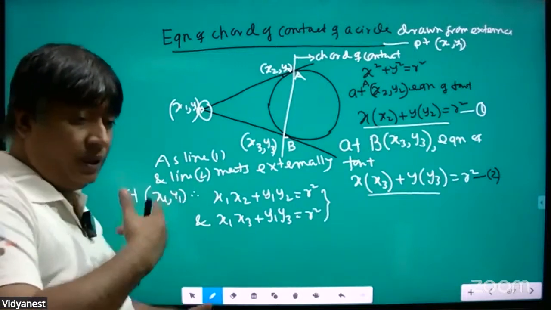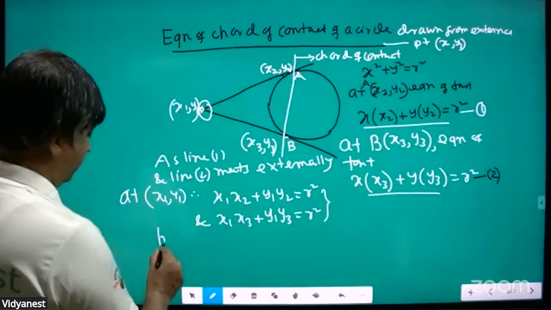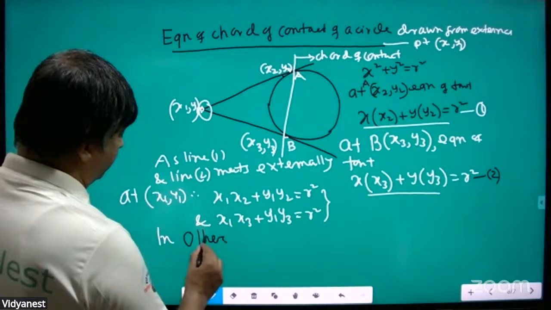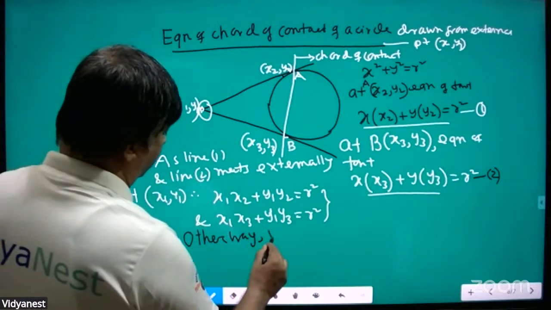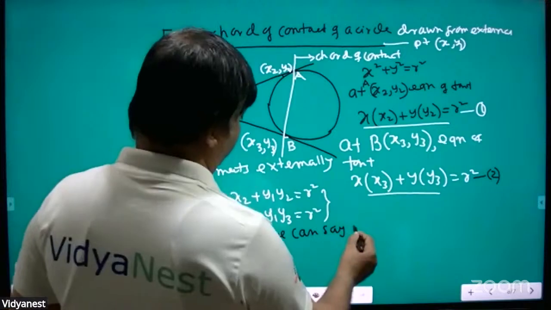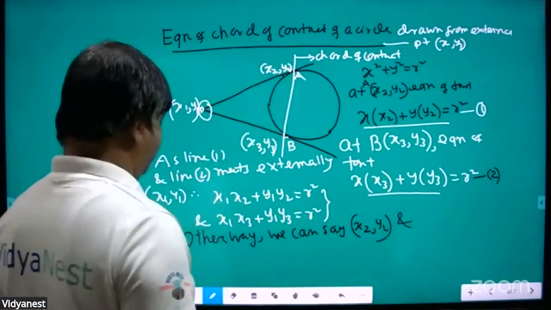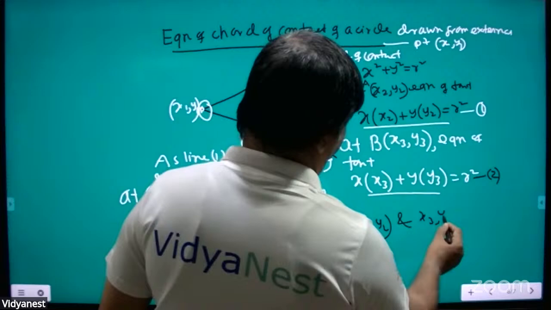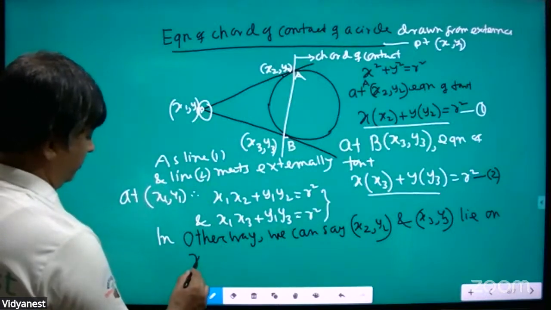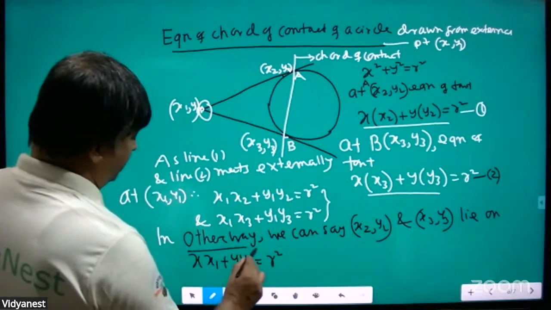But in another way I can write. In other way, we can say x2 y2 and x3 y3 lie on x x1 plus y y1 is equal to r square.